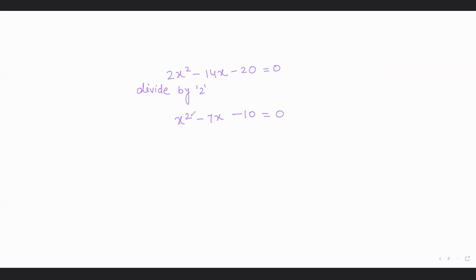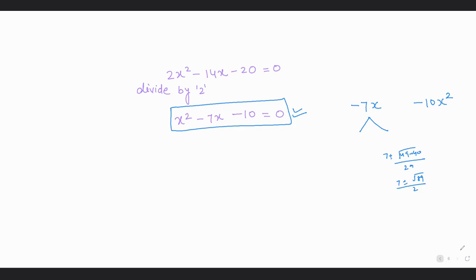Now you see, this is the quadratic equation, and our aim is to solve this quadratic equation to find out the value of x. So we will apply the factorization method, and in the factorization method we have to find the factors of negative 7x such that their product is negative 10x square, that is x square into negative 10.